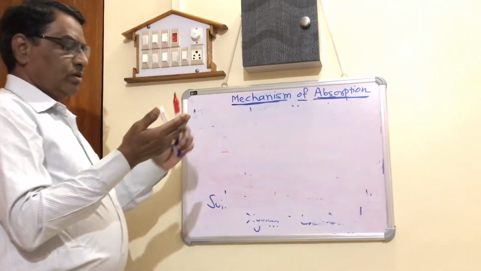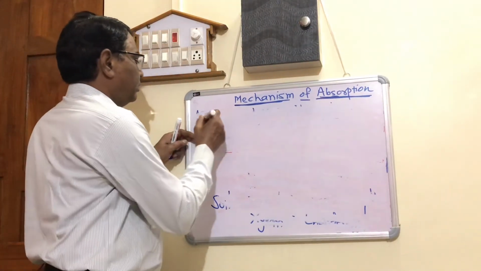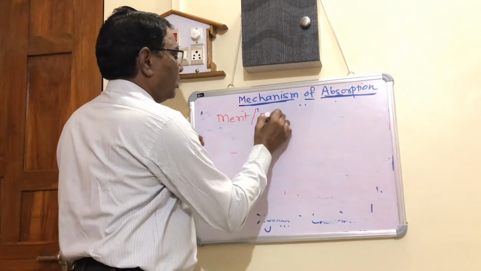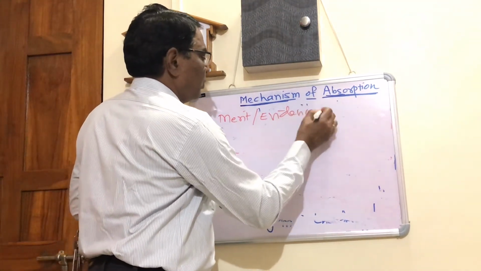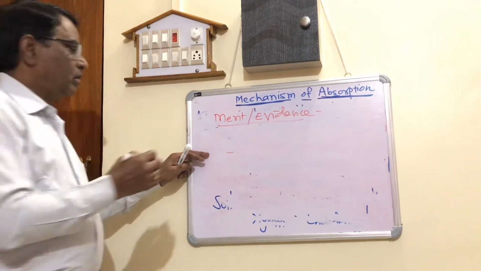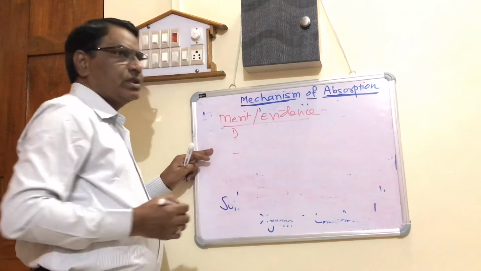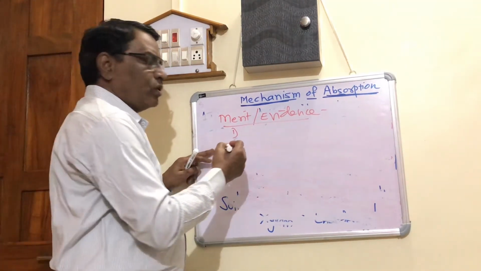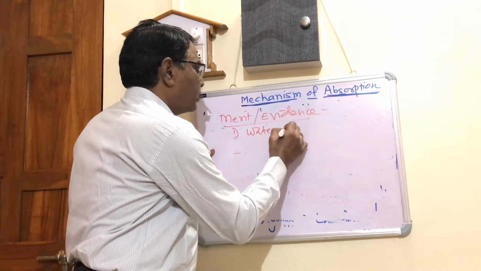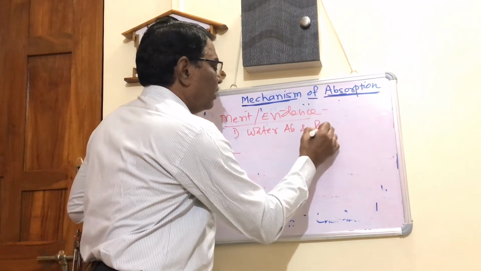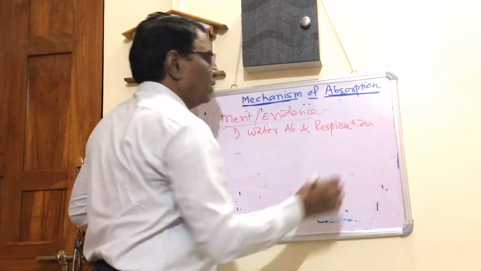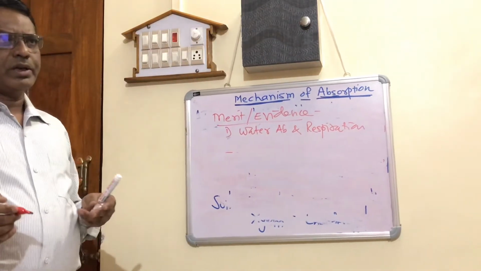The first merit or evidence in support of this theory is that there is a close relationship between the absorption of water and the rate of respiration in roots of plants.